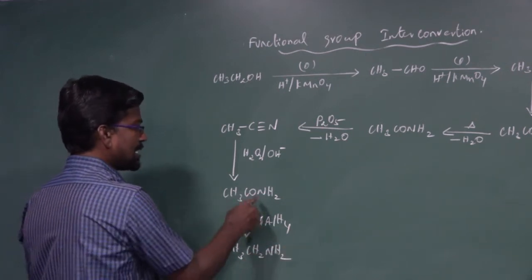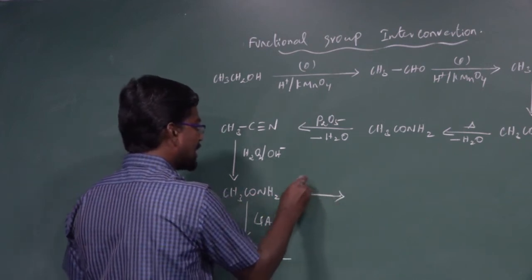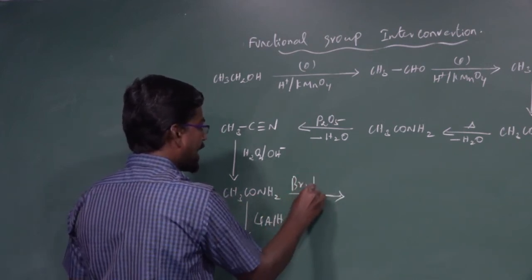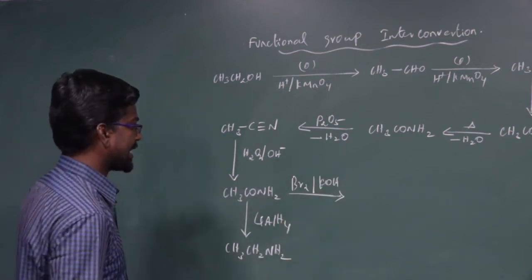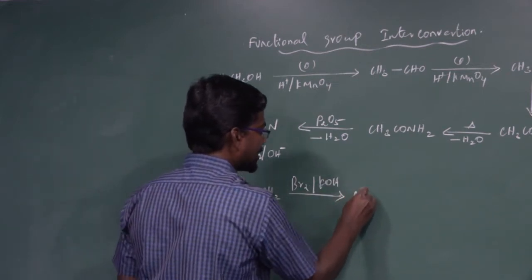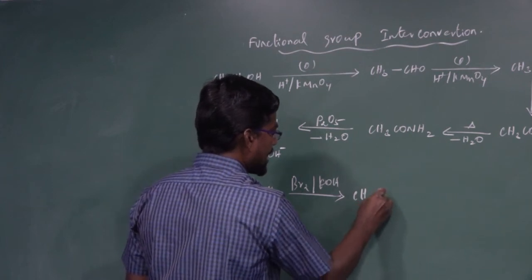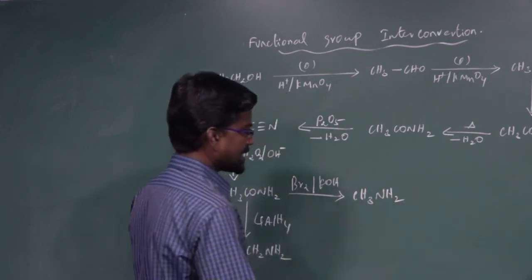The amide reacts with bromine, Br2, and potassium hydroxide to form methylamine, CH3NH2.